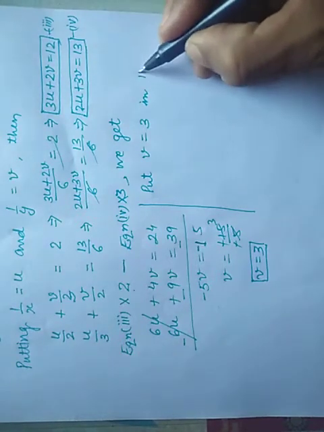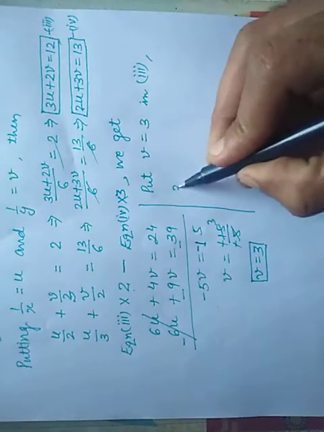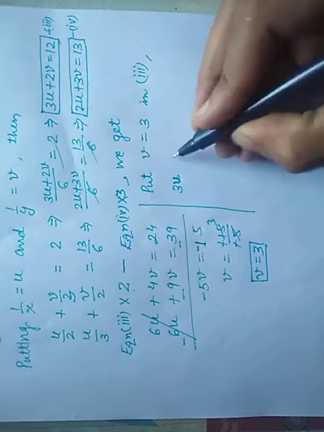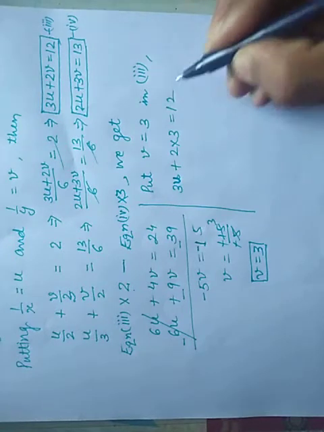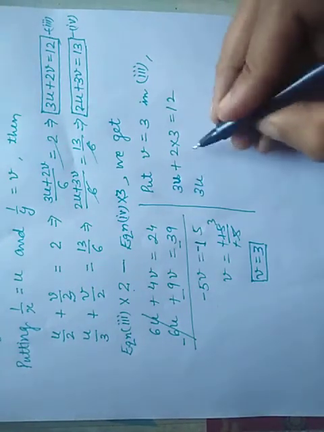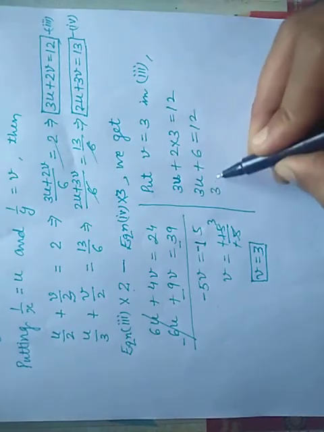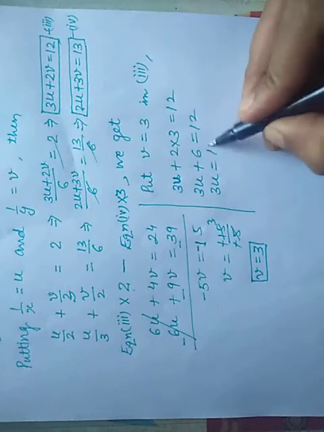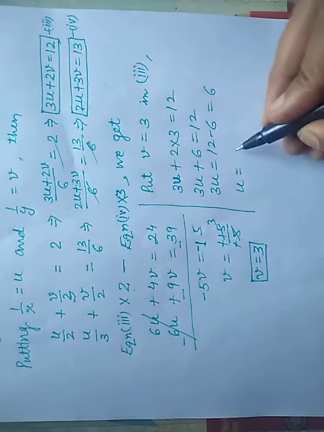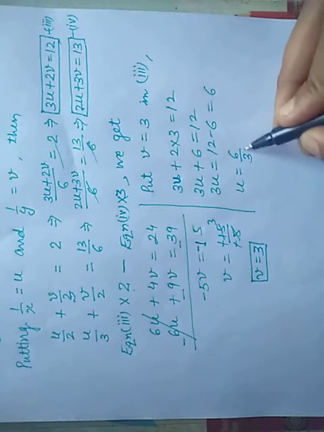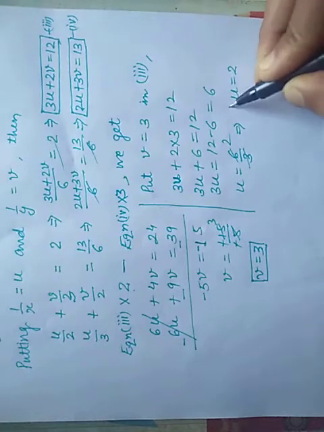So we will put in equation third, we get 3u plus 2 into the value of v, here 3, is equal to 12. So it will be 3u plus 6 is equal to 12, and 3u is equal to 12 minus 6, which is equal to 6, and finally u will be equal to 6 upon 3. 3 twos are 6, and it implies the value of u is equal to 2.